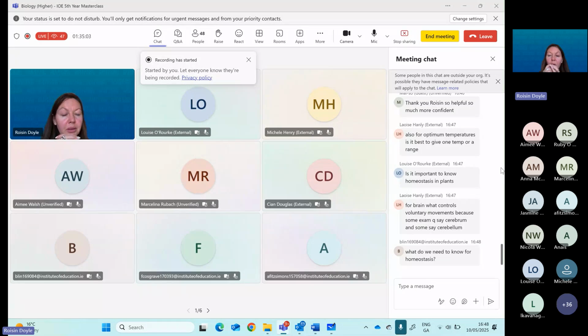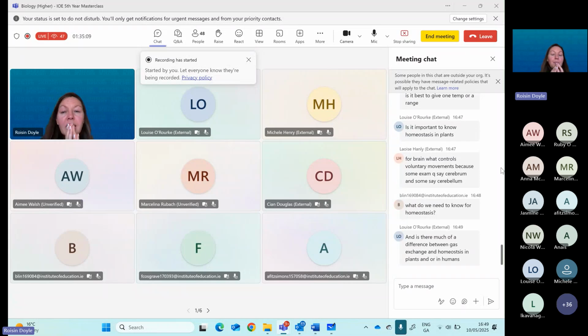What do we need to know for homeostasis? I suppose the definition with regards to homeostasis is maintaining a constant internal environment in a living organism. You need to know the definition. Can I give examples of homeostasis? They're spread throughout all of your notes.